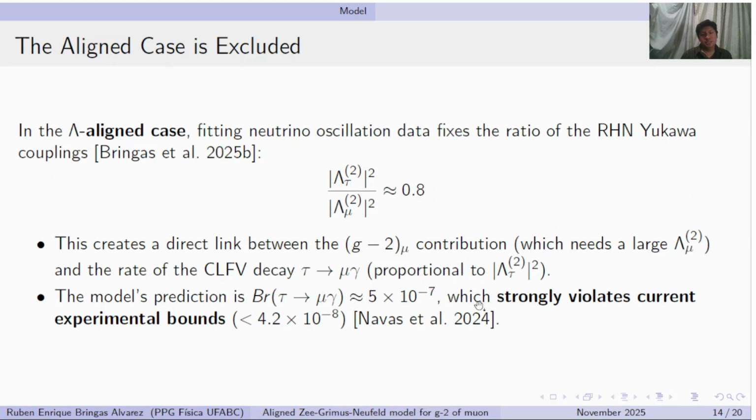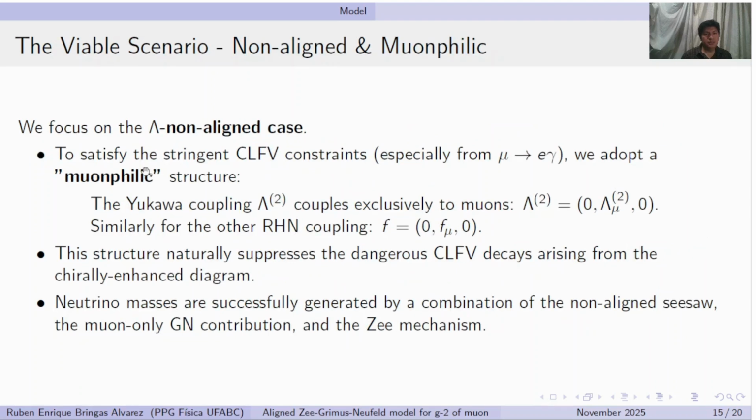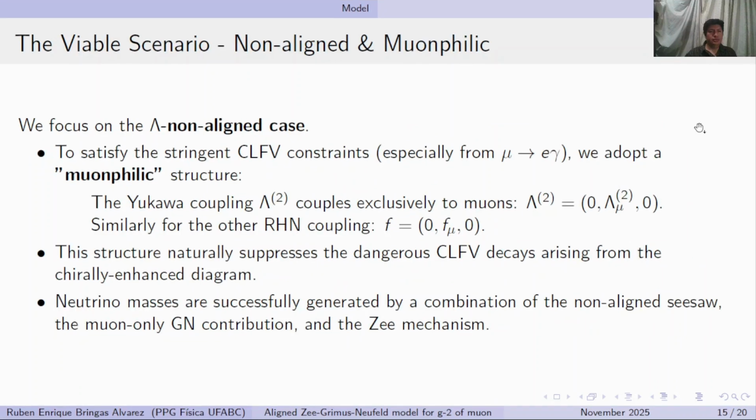But the problem is this value strongly violates the current experimental bound, which is about 4.2 times 10 to the minus 8. And that's the reason we exclude this alignment case. Now we have to go to the other case, the non-alignment case.